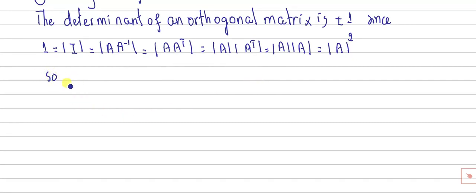So we get determinant of A is equal to positive and negative 1. So in this point A is orthogonal. The determinant of an orthogonal matrix is equal to positive and negative 1.